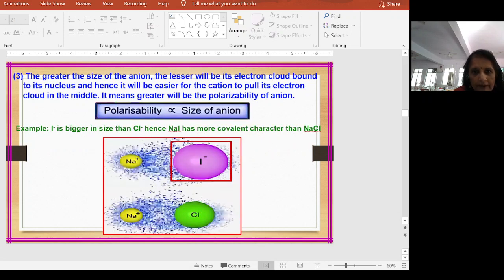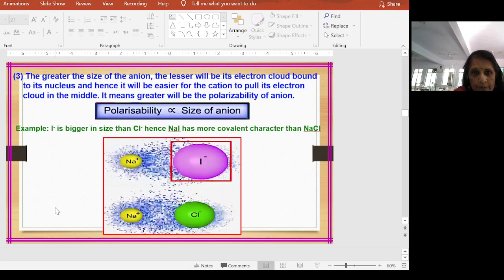Then a very important factor: the greater the size of the anion, the more will be the polarizability. That means if there are two halogens, I negative and Cl negative, the polarization created by I negative will be greater than Cl negative. So if we take the positive ion as the same, that is sodium, but the negative ion as I negative and Cl negative, then the polarization created by I negative will be greater, so sodium iodide will have more covalent character than sodium chloride.